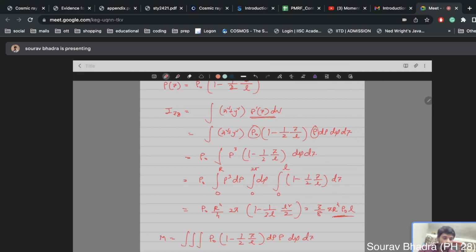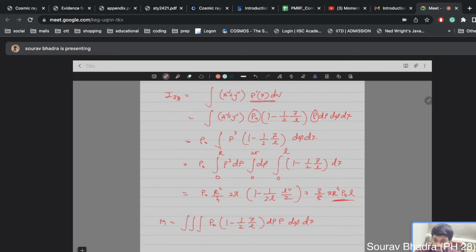This is your mass, which is the volume integration over the whole volume with the given density. So if you calculate it, you will get rho d rho d phi, 1 minus 1 by 2 z by L dz, 0 to L, 0 to 2 pi, 0 to r, and rho 0 is there.